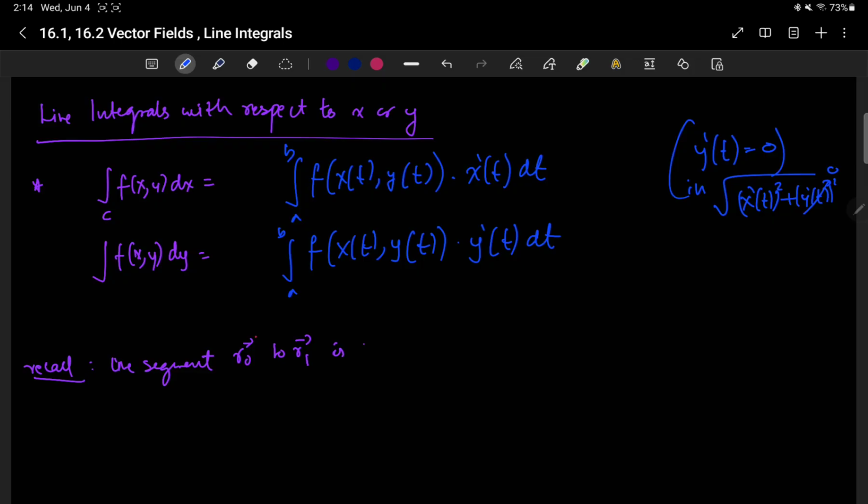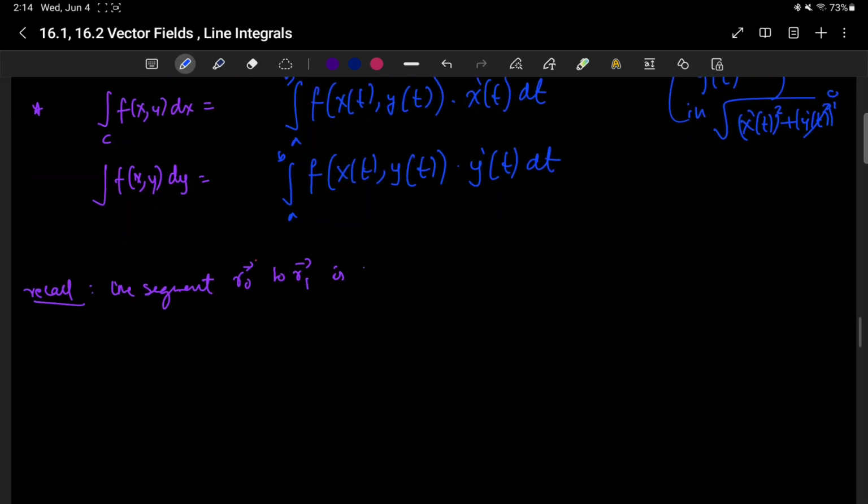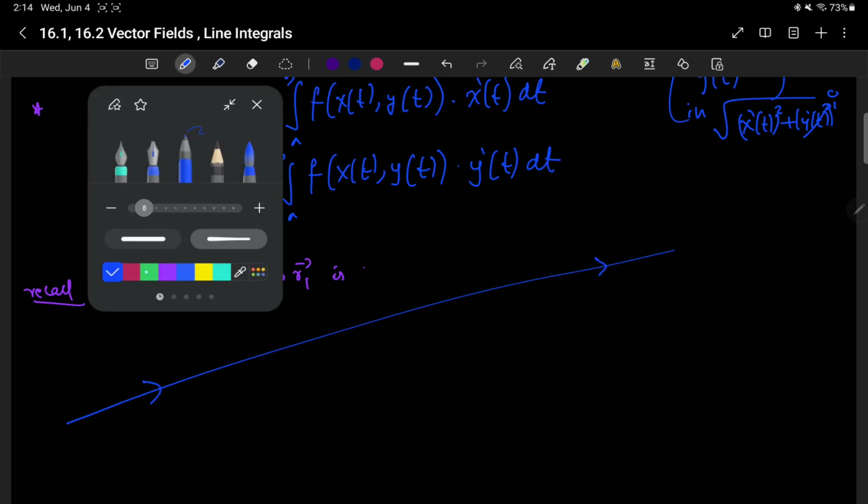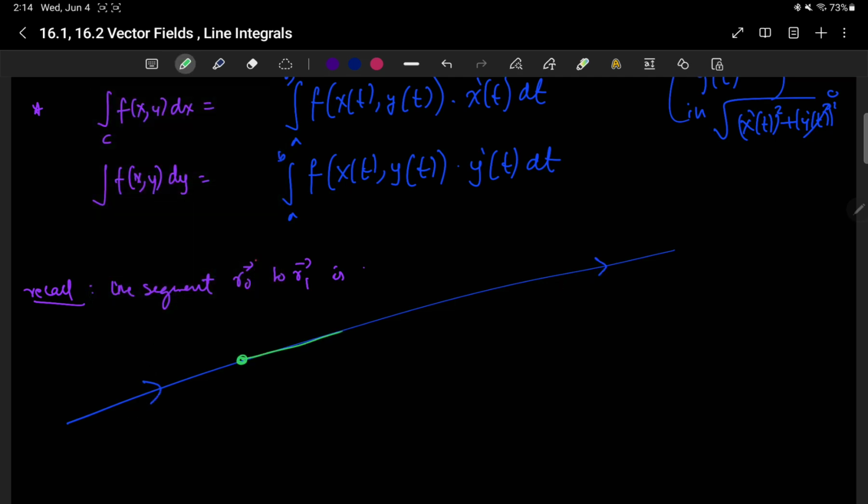The next thing that is useful to remember is how to find the equation of a line segment between 2 points r0 and r1. So suppose this is a line. A line just goes on forever, but a line segment is a part of a line. So suppose this is the position vector r1, and this has a position vector r0.